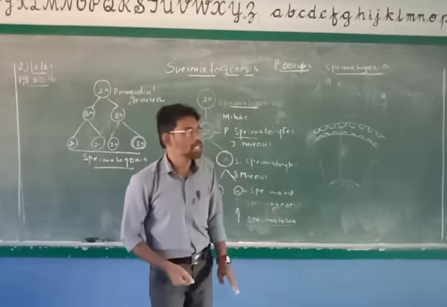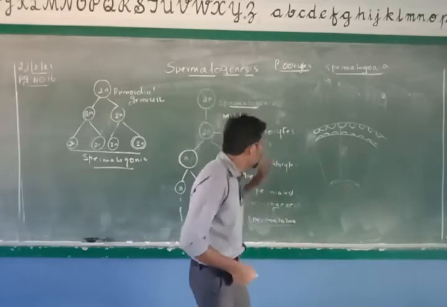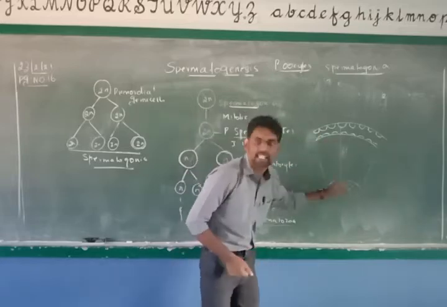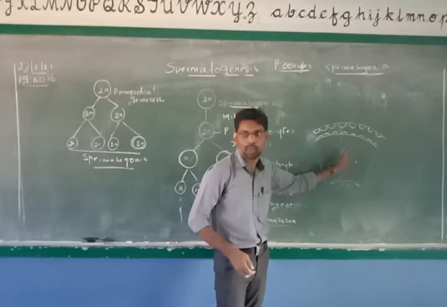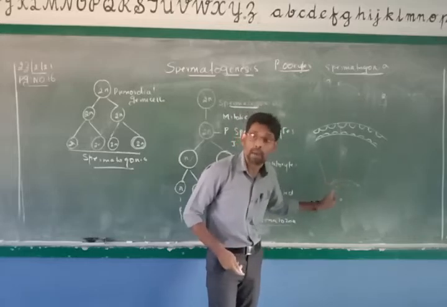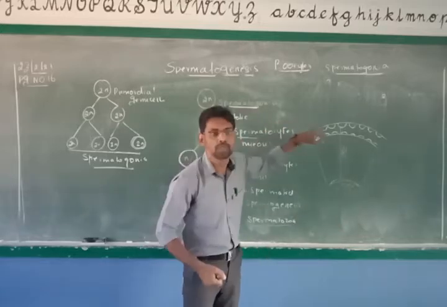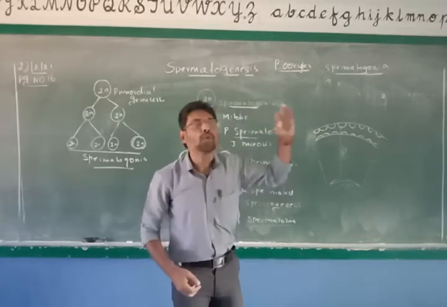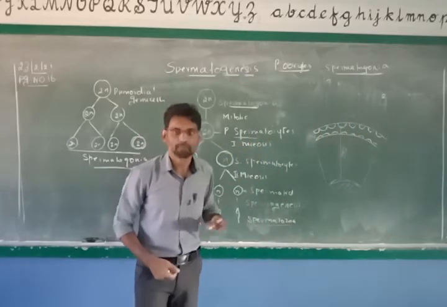If you look at this tube, you find sperm production in different stages. Here you will have spermatogonia, then primary spermatocyte, then secondary spermatocyte, then spermatid, then spermatozoa. So in each part of the seminiferous tubule, you will have different stages of sperm production.